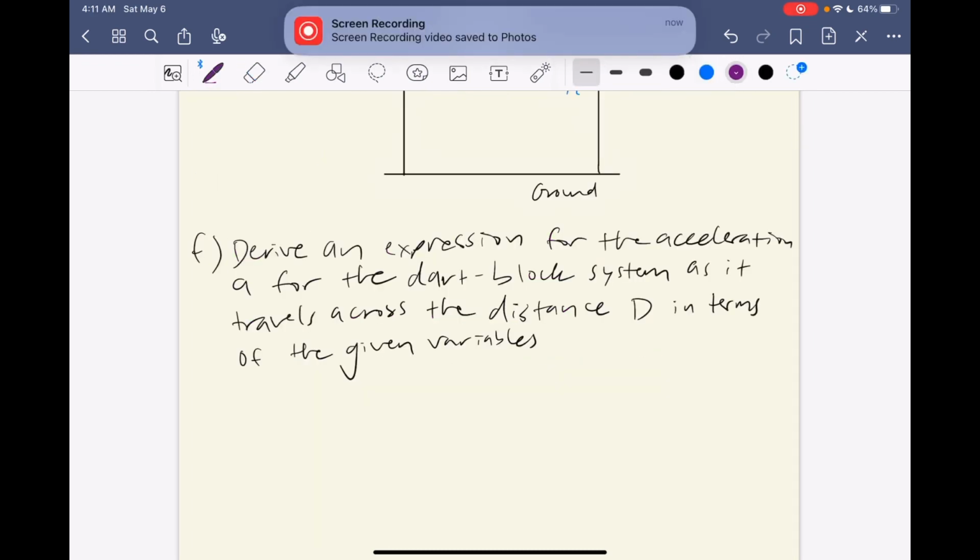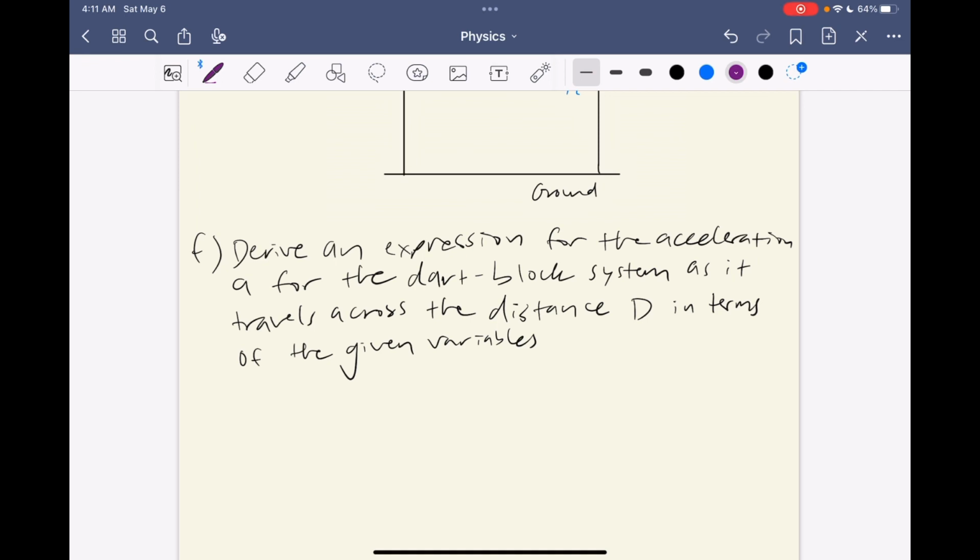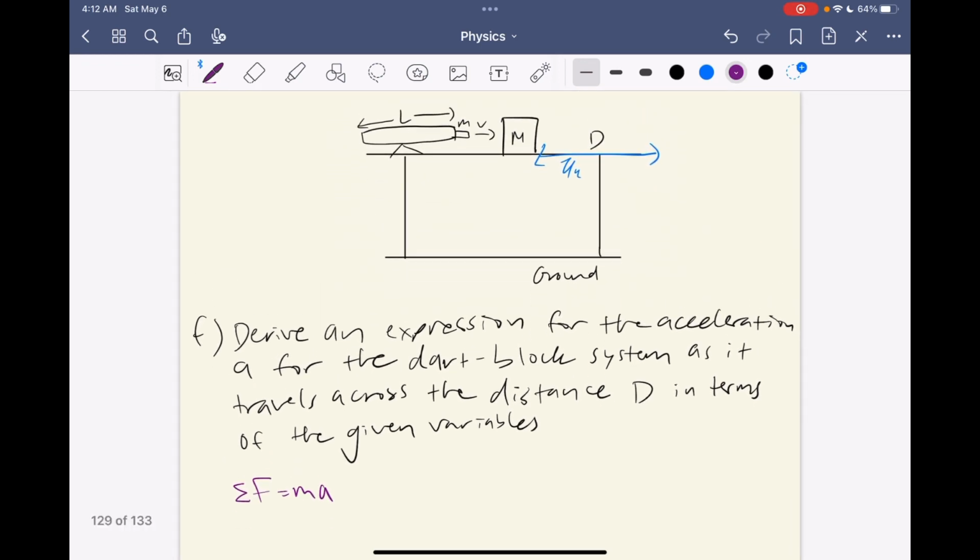So for part F, it says derive an expression for the acceleration a for the dart block system as it travels across the distance d in terms of the given variables. So I'm going to start off by doing net force F equals ma. We know that the net force in the horizontal is only Fk because it shows mu k.